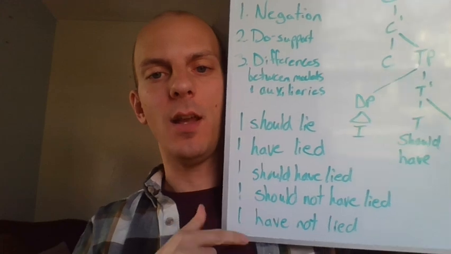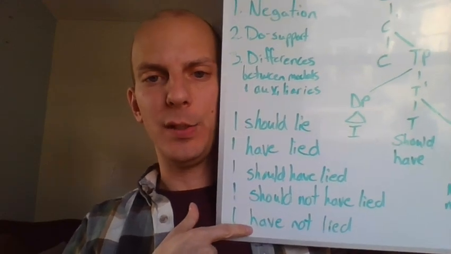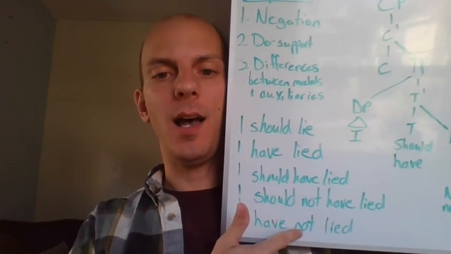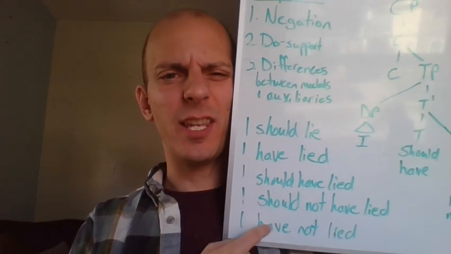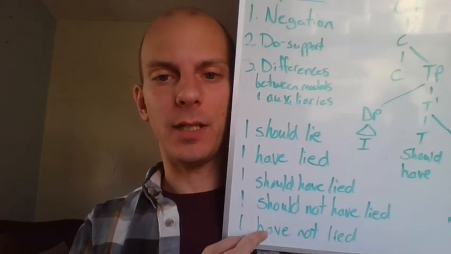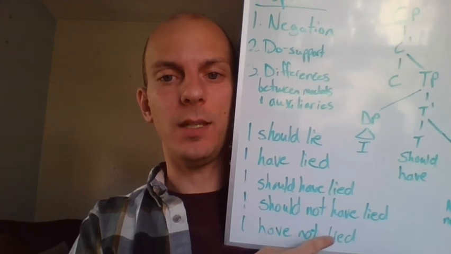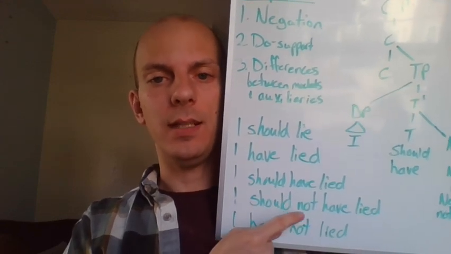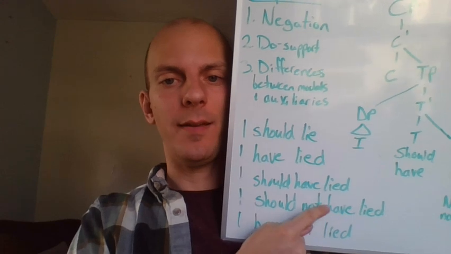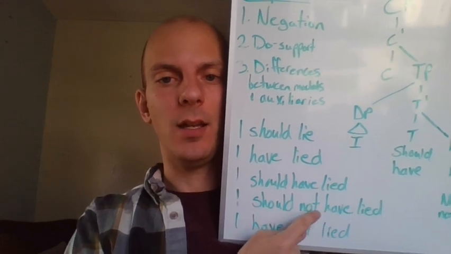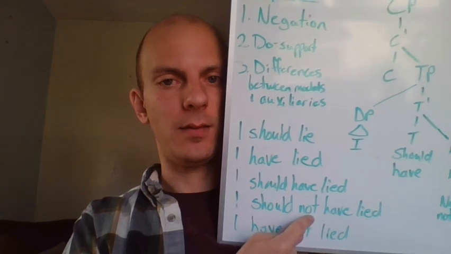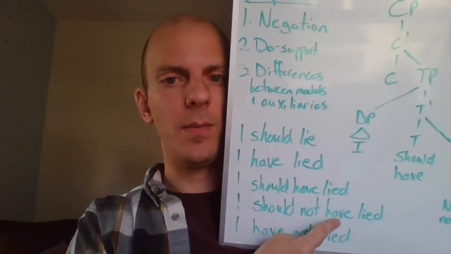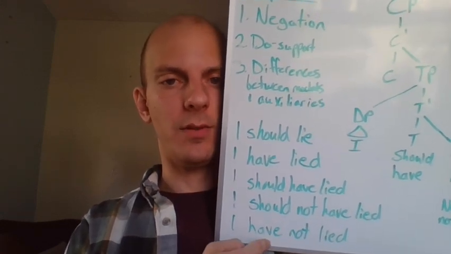Often, this auxiliary verb appears higher than the negation, looking like it's in T here, right? Separating T from V. But in some scenarios, we have this auxiliary verb have lower than negation. So sometimes it's lower, sometimes it's higher.